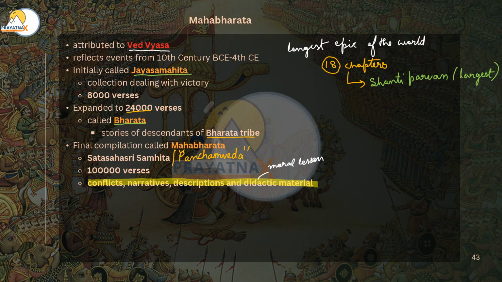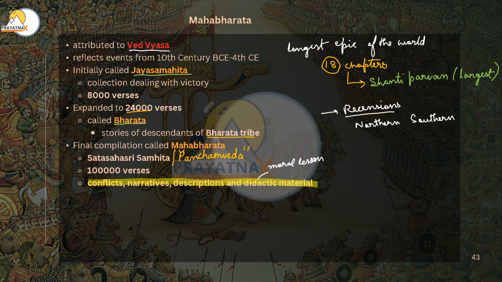So, like I already mentioned, Mahabharata had 18 parvas, and it had basically two recensions, which means two versions of it. One is the northern version, the other is the southern version.